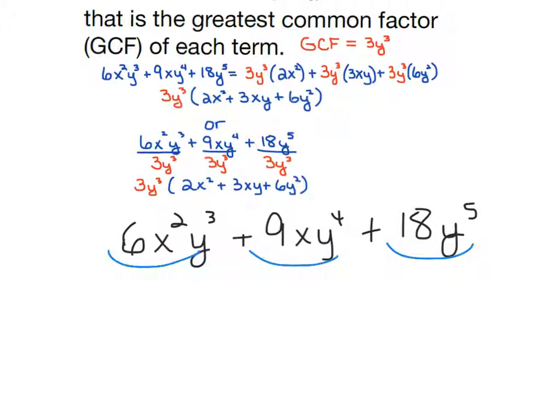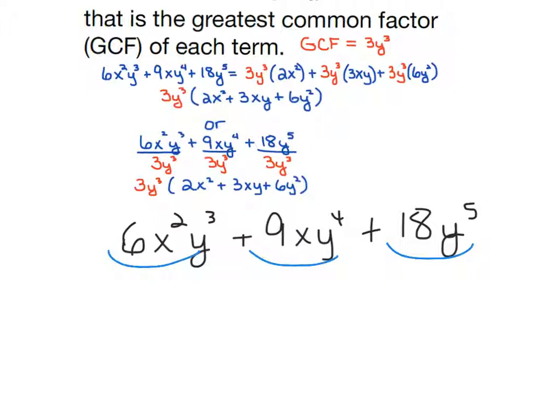So notice the first term has an x and a y, the middle one has an x and a y, but the last one only has a y. So the only variable in common is going to be the letter y. So then from there, to find the greatest common factor, we would look for the smallest exponent.